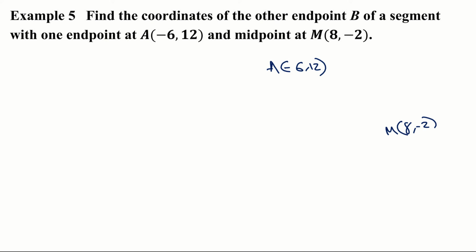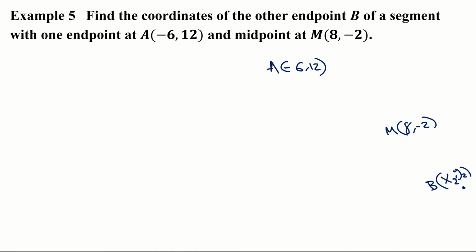And what they want is the coordinates of B, which is some point x2, y2. So we have the one point and we have the midpoint, and we want to find the other point.